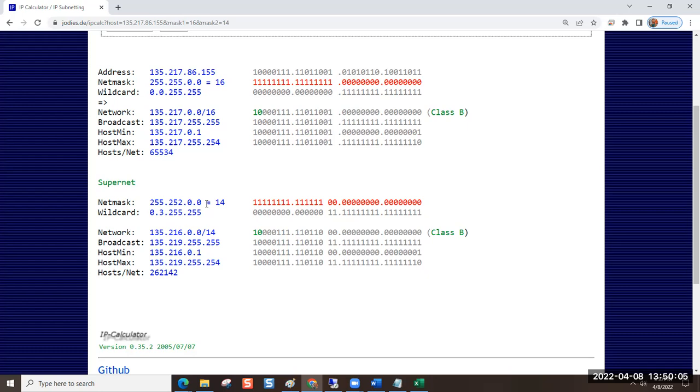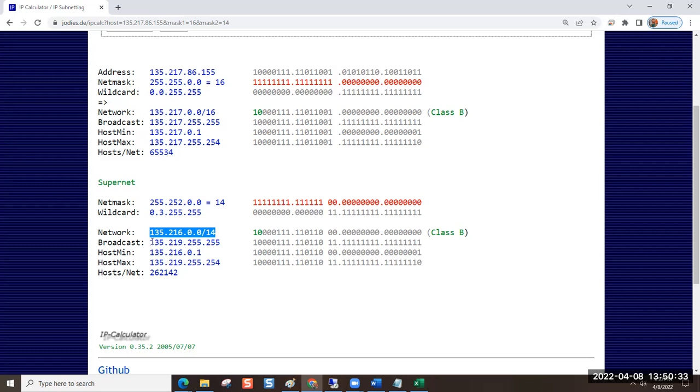All right, if I increase to 14, what I've done is change the network identity. Look at how the network identity changes. The network ID is 135.216.0.0/14. Okay.